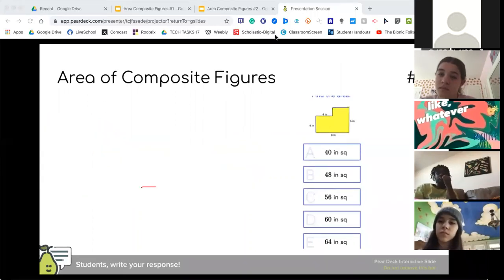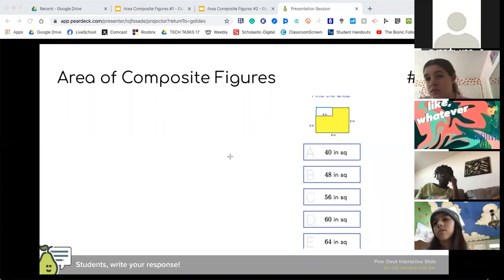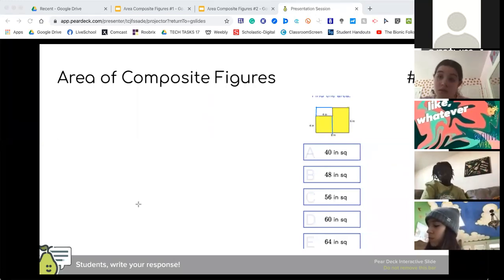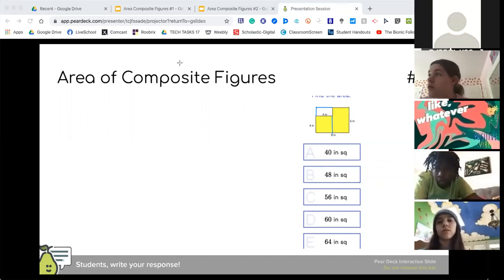First thing I can do is build up the bigger rectangle here, and then take out the little piece. Or I can break it into 2 rectangles like that and add them together. So either way you can do it. I'm going to do the big one and take out the white part over here on the side. You can do whichever way you want.